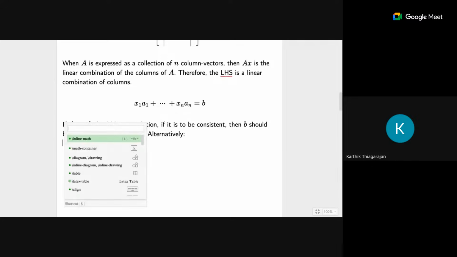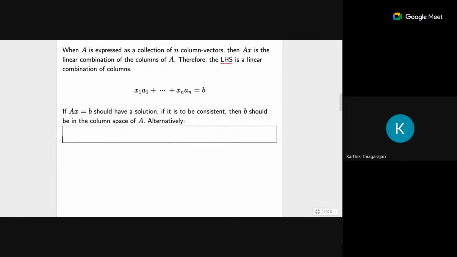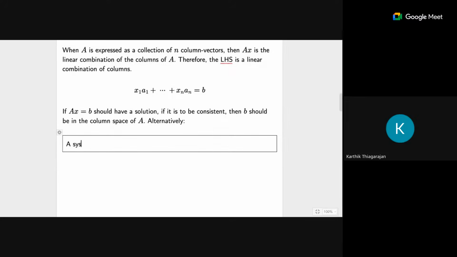So I just box this because it's important. A system of linear equations Ax equal to B is consistent if and only if, right? If and only if means both directions should hold.